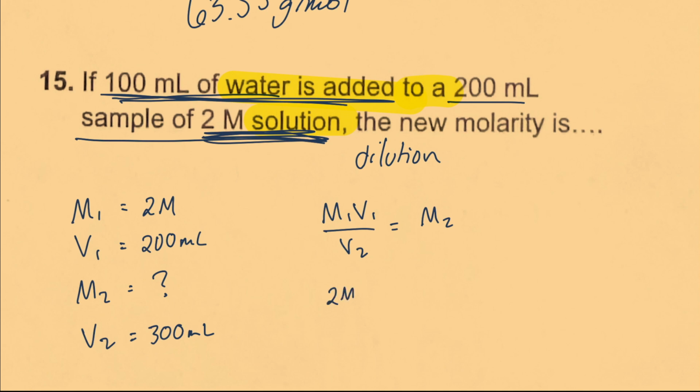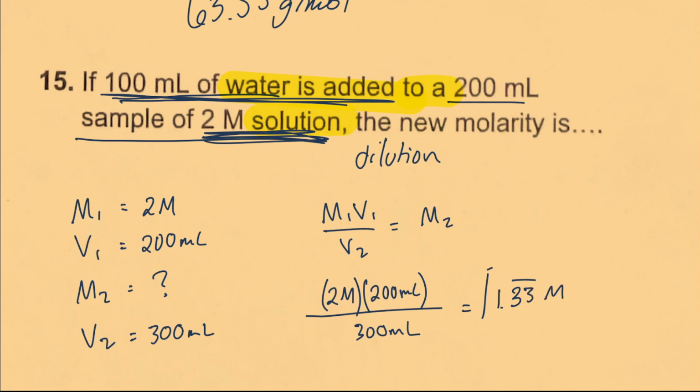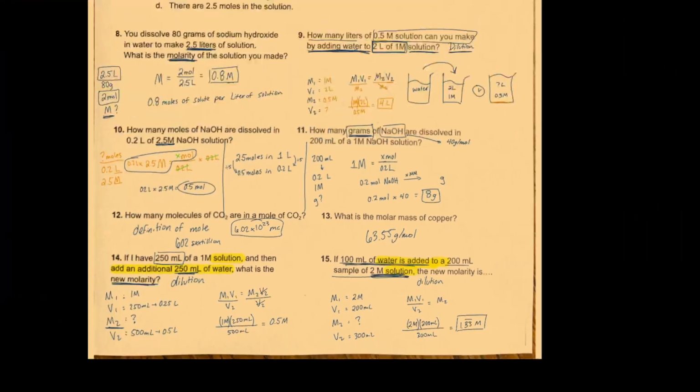Plug these numbers in, 2 M times 200 milliliters divided by 300 milliliters. 2 times 200 divided by 300 gives us 1.3 molar. 1.3 repeating, but you can round to 1.3 if you prefer that, I'm fine with that. I don't really care about rounding that much.